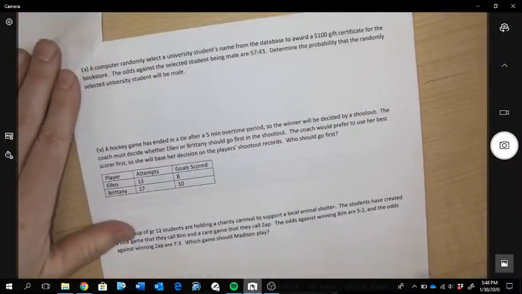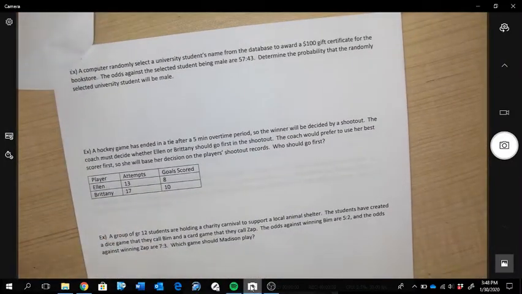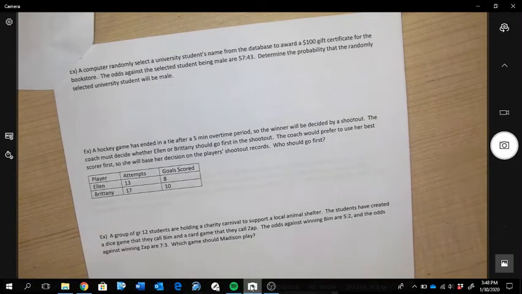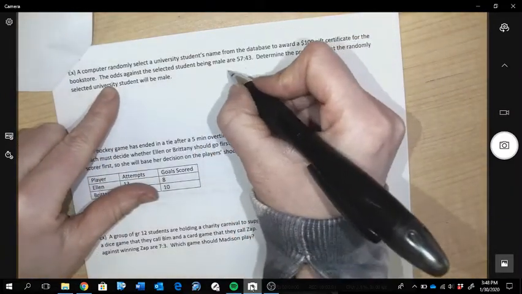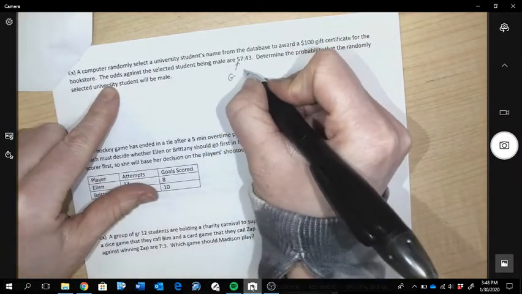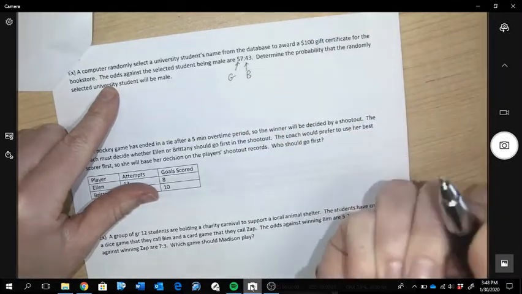A computer randomly selects a university student's name from the database and awards a $100 gift certificate for the bookstore. The odds against the selected student being male are that. Determine the probability that the randomly selected student will be male. Okay, so the odds against them being male, so this would be girls, this would be boys.